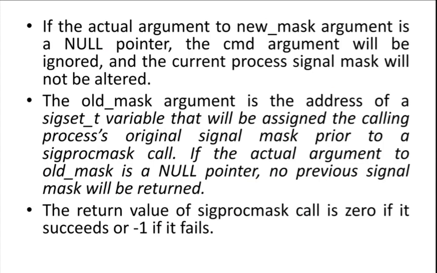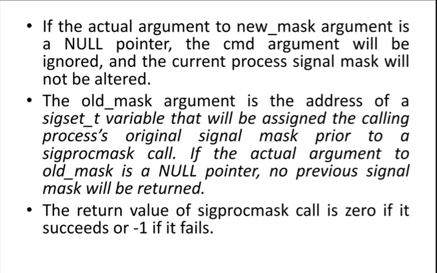Next, if the actual argument to the new mask argument is a null pointer, so you are not giving any value to the new mask argument, you don't want to mask any new signal. If it is a null pointer, the CMD argument will be ignored.